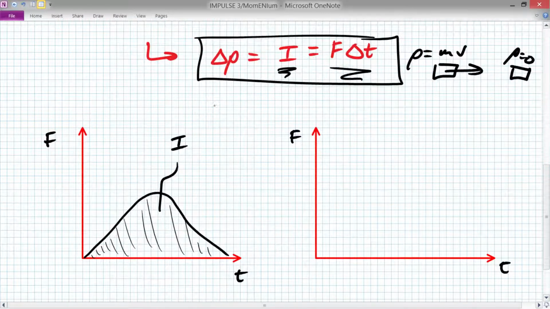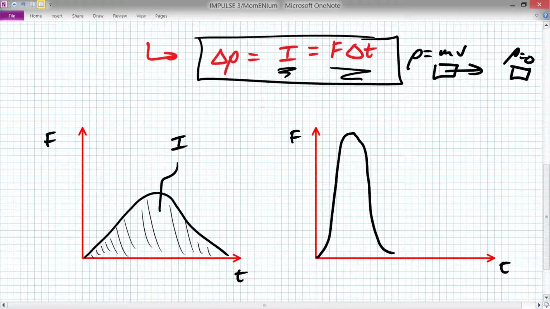And what we said was, well, why don't we reduce the time that this collision happens over? We know that the impulse has to remain constant, so what happens is your force becomes quite extreme. So this might be an example like hammering a nail into a block of wood at a party or something like that, and you want to apply as great a force as possible.